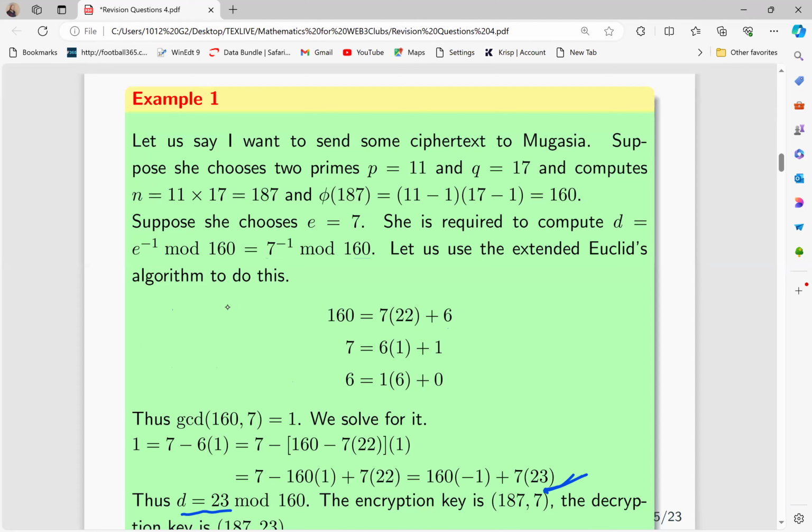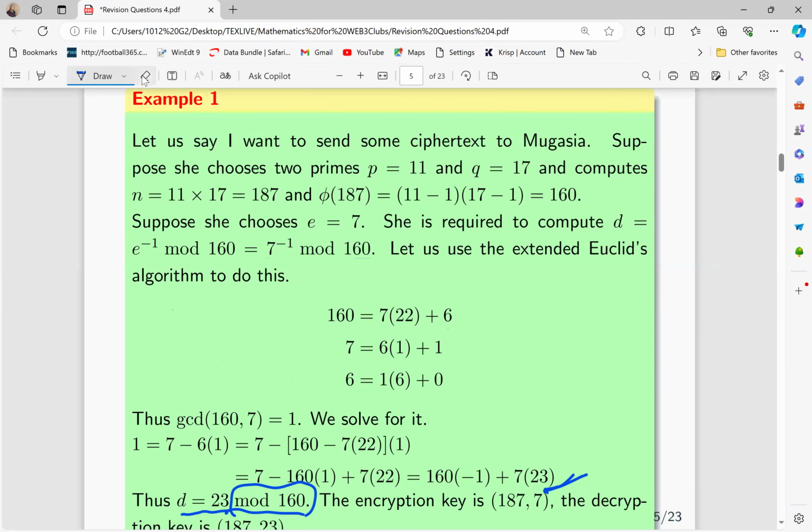It's the same thing. We are doing it mod 160. So when you are calculating, you just use 23. But remember, it's mod 160. Now, what is our encryption key?